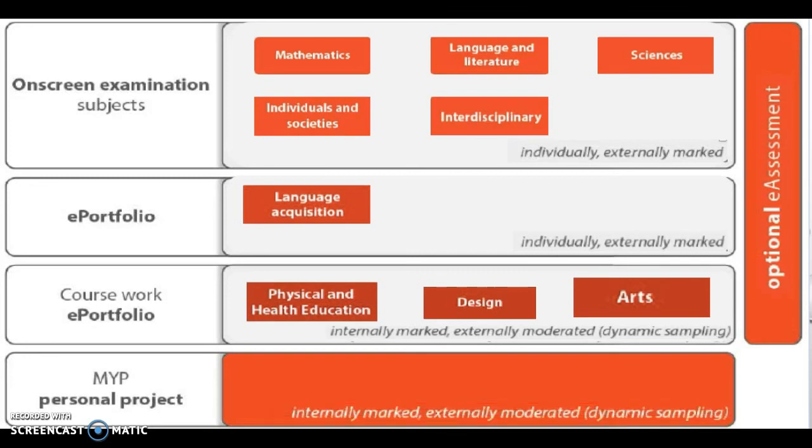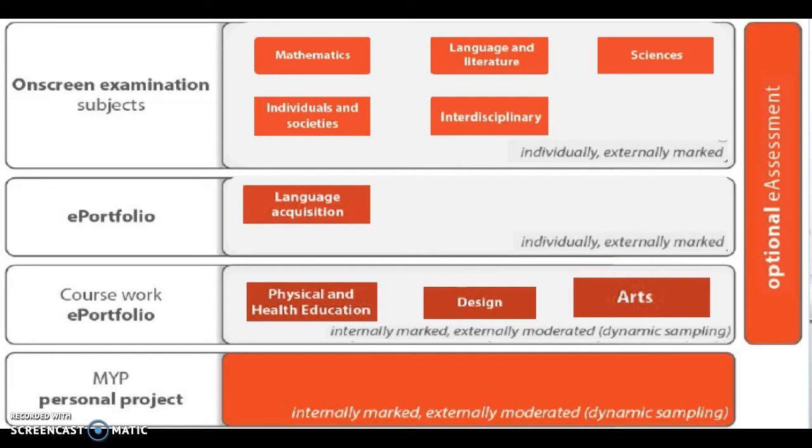Again, the approach to this one is that it's internally marked first through some clear standardization procedure, and then it's externally moderated using a similar technique as the coursework e-portfolio for physical and health education, design, and arts. So they pick a sample and then the marks are determined.